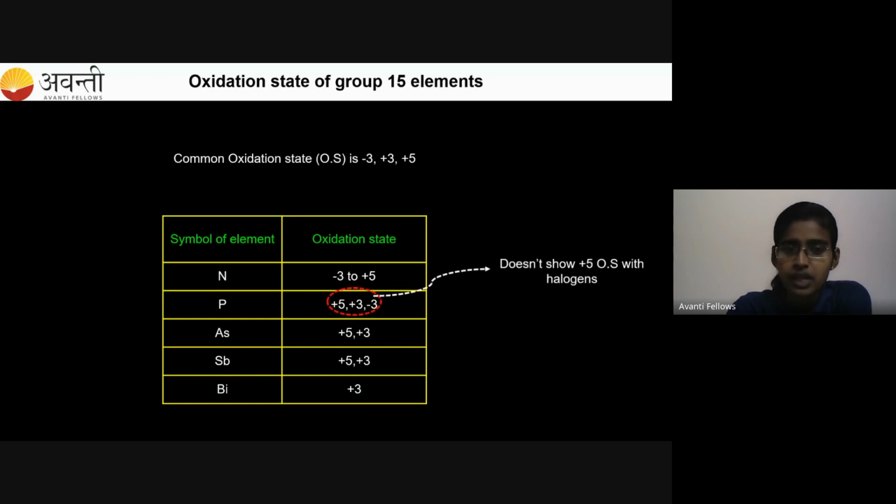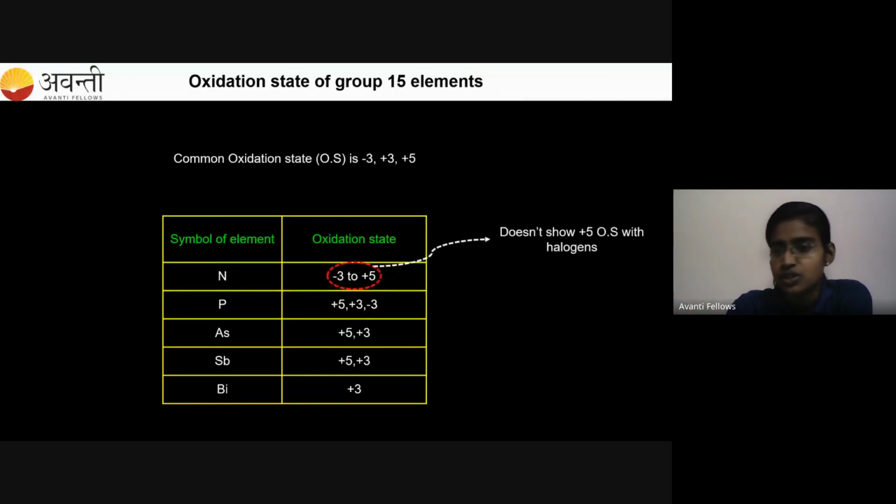Now coming to the nitrogen story, nitrogen doesn't show +5 oxidation state with halogens. So who are halogens? Fluorine, chlorine, bromine and iodine. So nitrogen will not combine with any of these halogens to give the +5 oxidation state.